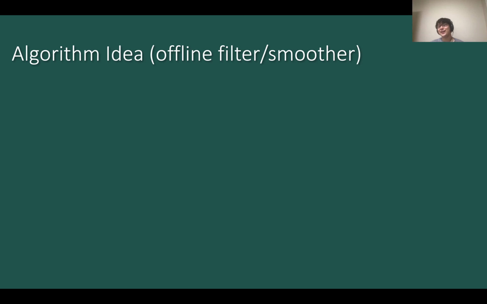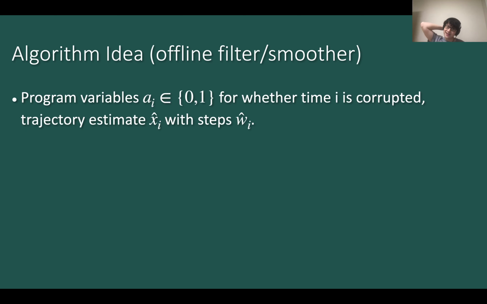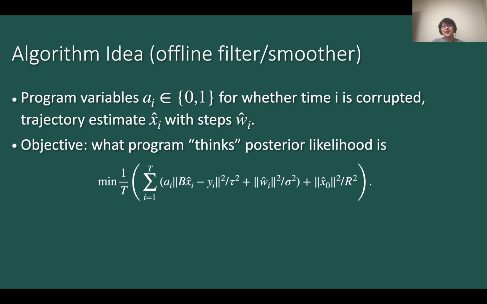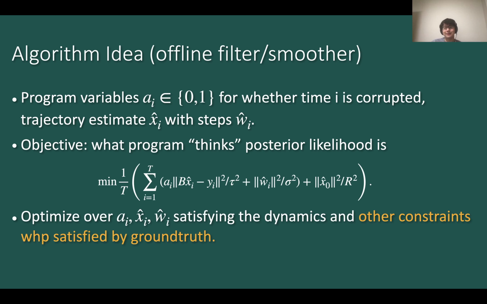And this is roughly the idea for how our smoother works. We're basically going to solve a very large optimization problem. And naturally, the optimization program has variables which correspond to whether a round is corrupted or not. Okay? And the objective, once we have those variables, it's natural to just plug those in as a replacement for the true indicators of which rounds are corrupted. And that's the objective that the program will try to optimize.